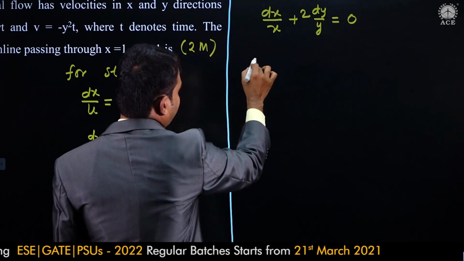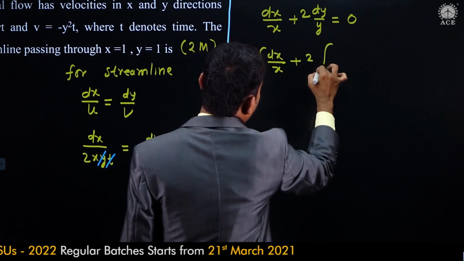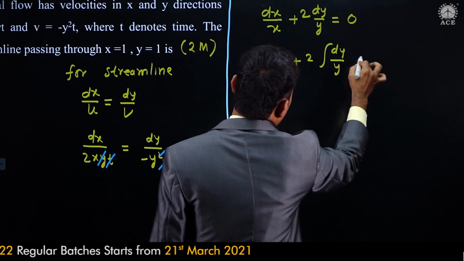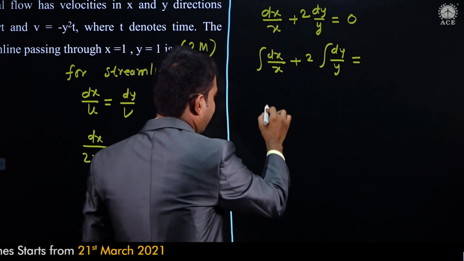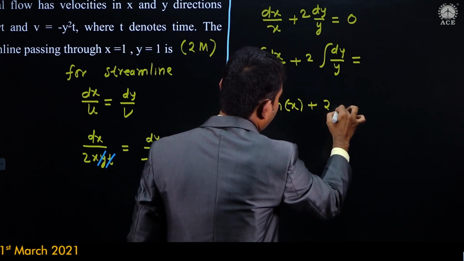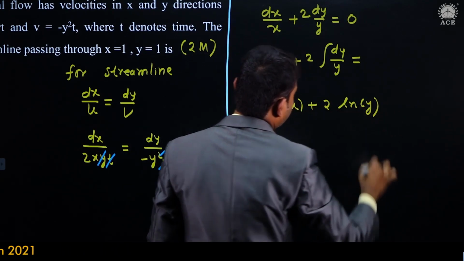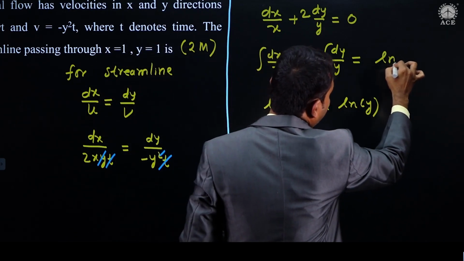Now integrate this. Integration of dx by x plus 2 times integration of dy by y is equal to a constant. Integration of dx by x is log x, so this is ln x plus 2 ln y. As this integration is coming as a log, I am writing this constant as ln c.